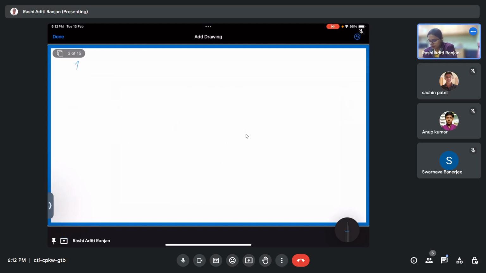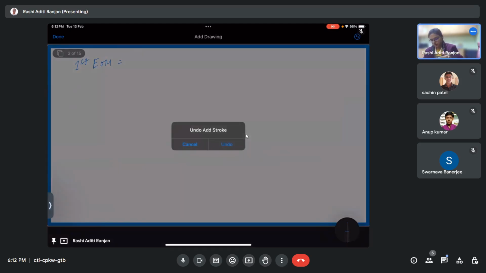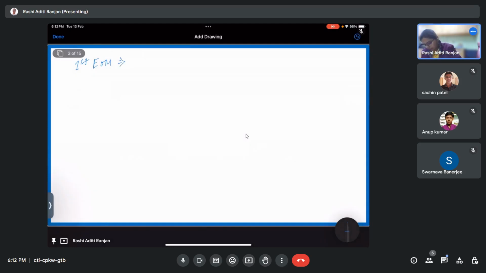So the first equation of motion is m1 x1 double dot plus k11 x1 plus k12 x1 cube, and then I'm going to have plus k21 x1 minus x2, plus k22 (x1 minus x2) whole cube, equal to 0. Okay, so this is my first equation of motion.